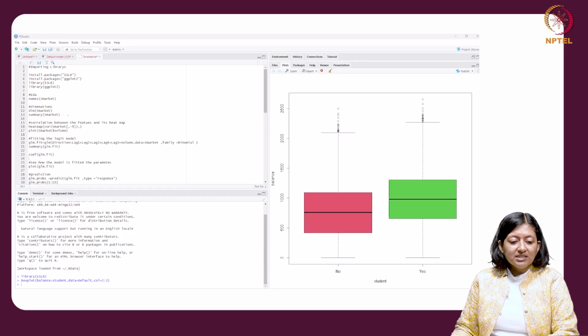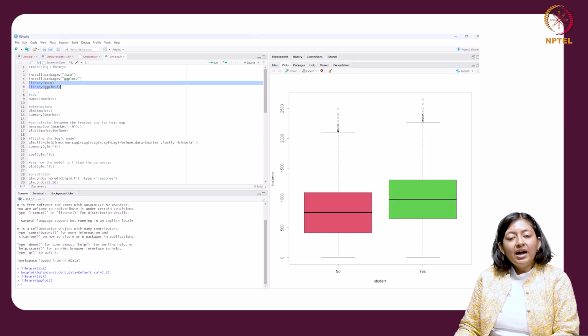So for that, I am going to use the Smarket dataset from the ISLR library. I will make sure these two libraries are already installed on this device. And now I will attach these two libraries onto this R session.